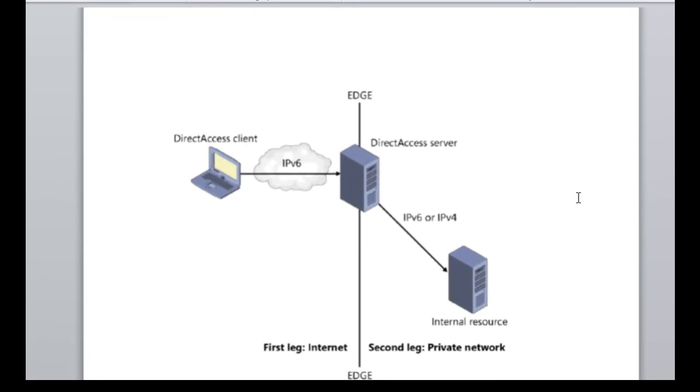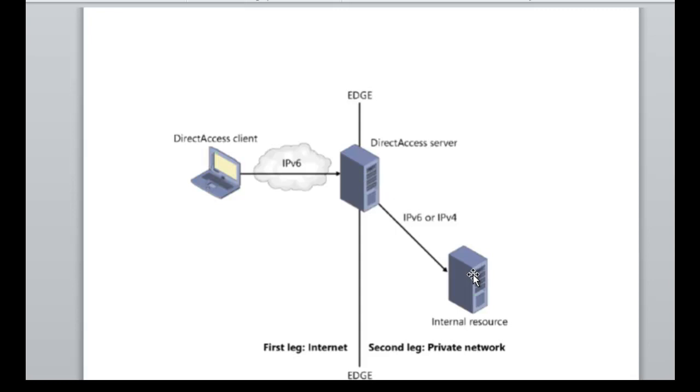In this scenario, we see how a DirectAccess client uses the IP version 6 protocol to connect to the DirectAccess server in the corporate network. And then communication goes from the DirectAccess server to the internal resource.